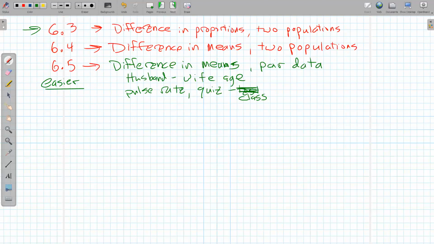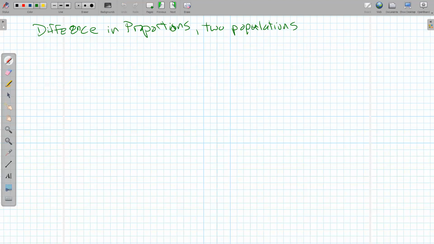So for a difference in proportion, the key here is we have two populations. Two populations mean we also have two different samples. So in sample 1, we're going to have to keep track of x1, the number of successes from that sample, and the sample size for that sample.